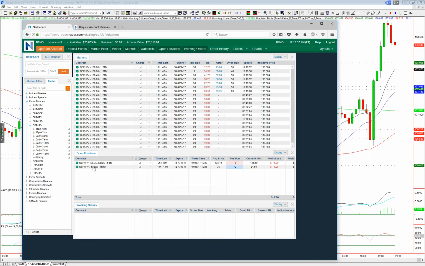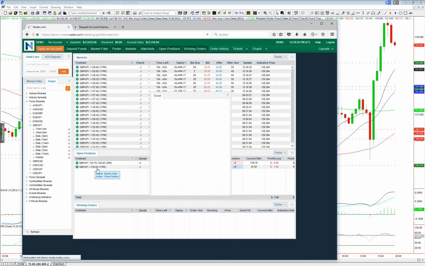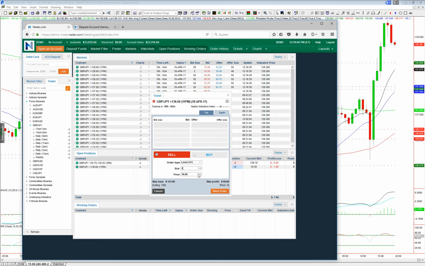Now, we might also think, wait a minute, I opened just 2 contracts. Maybe I want to scale out of that position if price starts to rally my way. This way, I could take a little bit of risk off the table. And the idea here would be I could sell that contract if it rallies up to be trading at around 75 bucks. And so I'm now just placing a limit order.